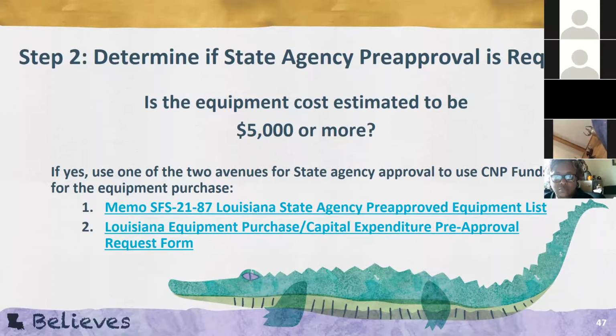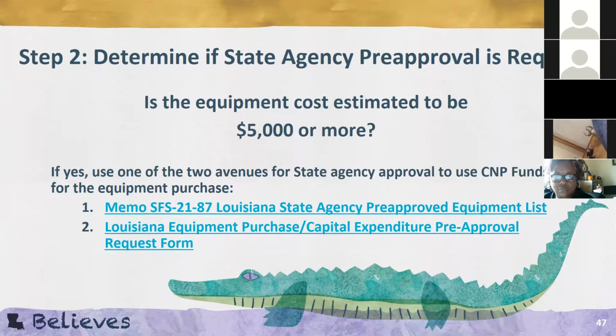The types of equipment included on the state agency pre-approved list are automatically pre-approved by the state agency as an allowable purchase for CMP operations. Keep this memo on file along with the procurement records to prove that the equipment purchase was allowable and that no further state agency approval was required for this purchase.